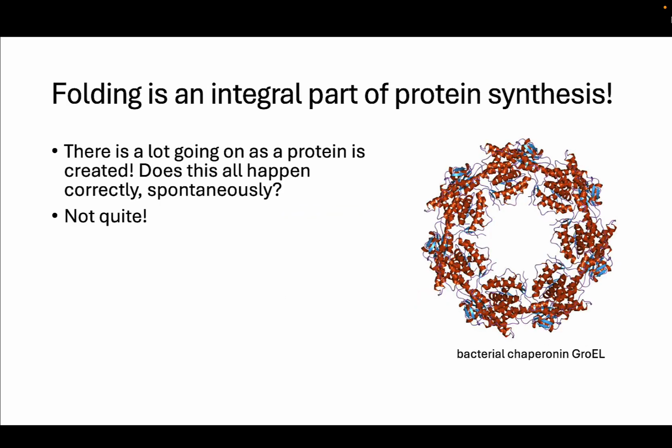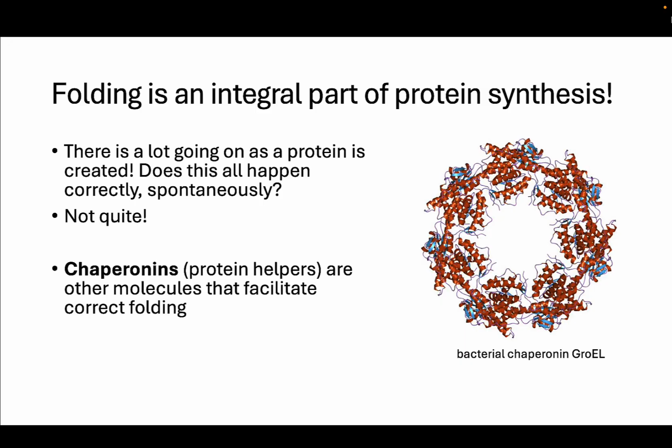And so in order to encourage the native state, proteins need to be folded properly, right? There's a lot going on as a protein is created. It's not just the amino acids that come together in order to make a properly folded protein. There are other molecules called chaperonins, for example, that facilitate correct protein folding.